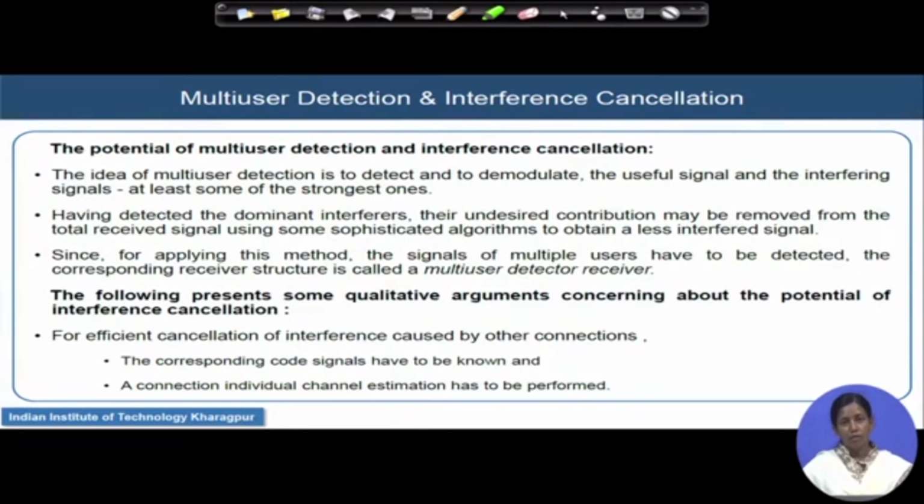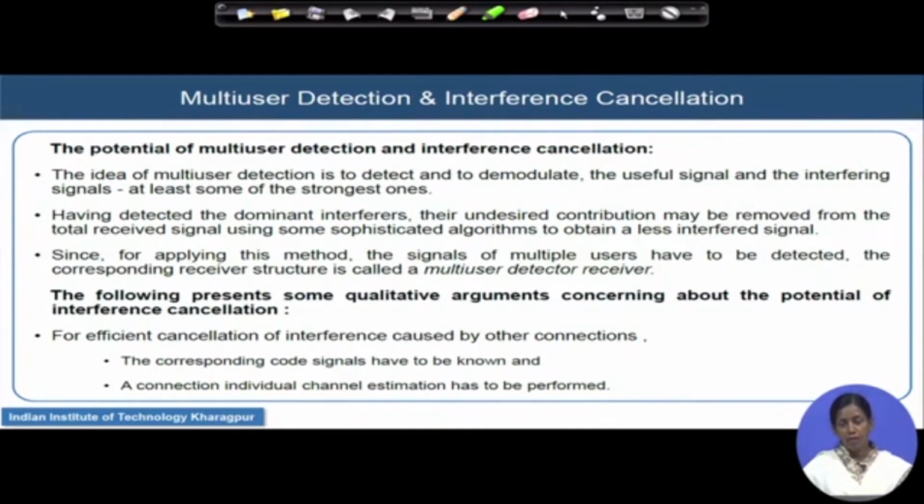The potential that is involved in multi-user detection and interference cancellation. Multi-user detection and cancellation says that we should be able to detect the multi-user signals in the receiver along with our useful signal.